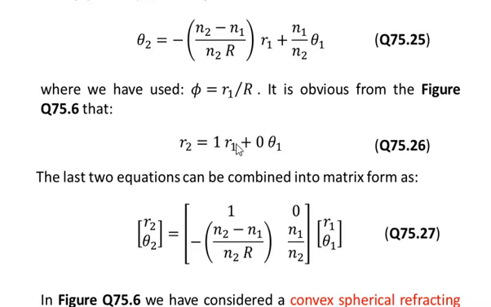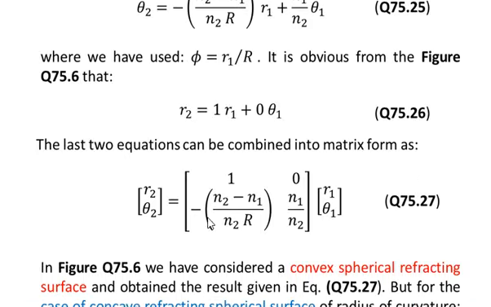So we have the value of R2, we have the value of theta 2. We have expressed R2 in terms of R1 and theta 1, and similarly theta 2 has also been expressed in terms of R1 and theta 1. So we can express them in terms of a matrix.